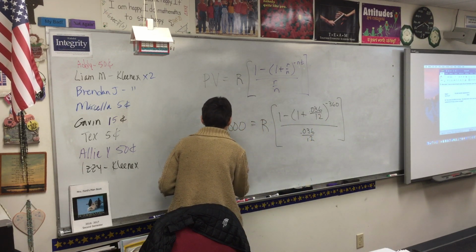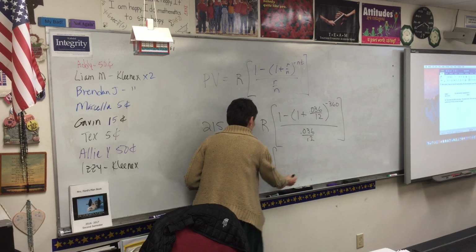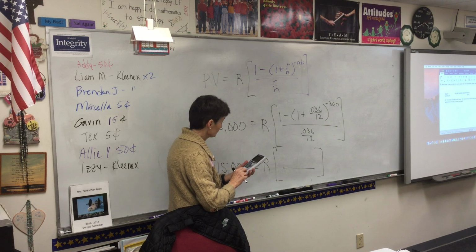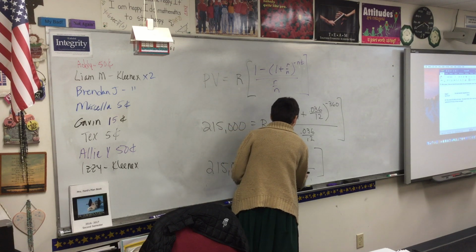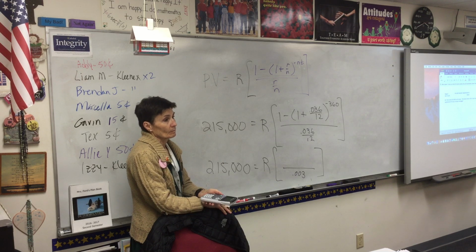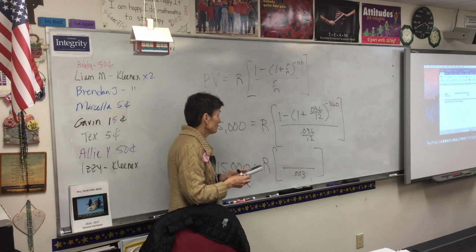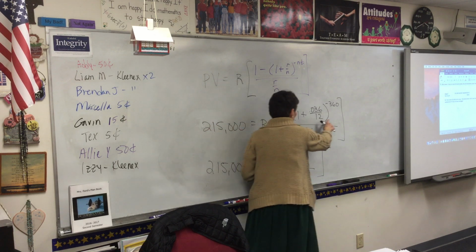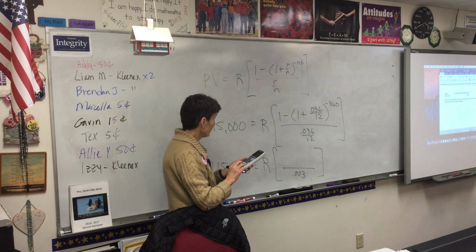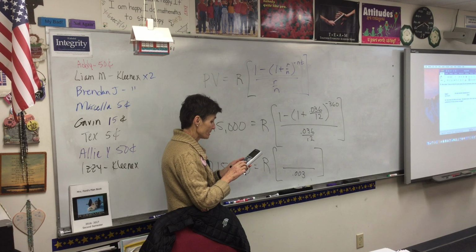I'm going to type in the denominator. And I get 0.003. Then I'm going to type in my numerator exactly the way I wrote it with the parentheses and everything. So 1 minus parentheses, 1 plus 0.036 divided by 12, close the parentheses, raised to the negative 360th.